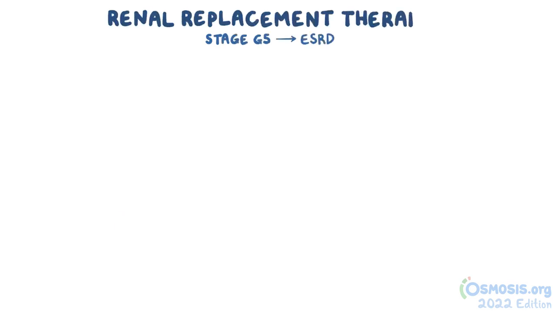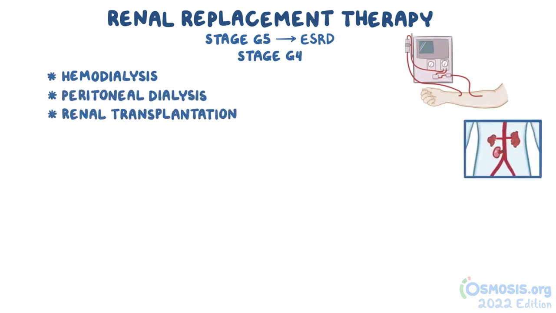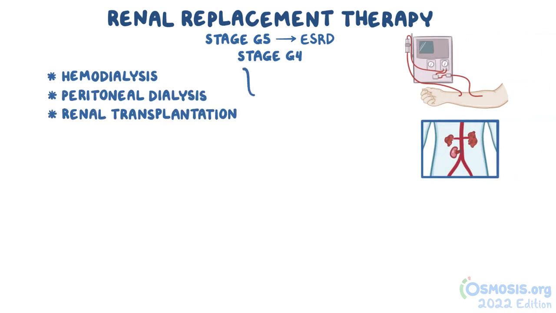In individuals at stage G5, meaning ESRD, renal replacement therapy is recommended, and this also helps prevent or treat uremia. Generally, individuals at stage G4 are informed about renal replacement therapy options, which include hemodialysis, peritoneal dialysis, and renal transplantation. Typically, these options are initiated when there's any evidence of uremia.